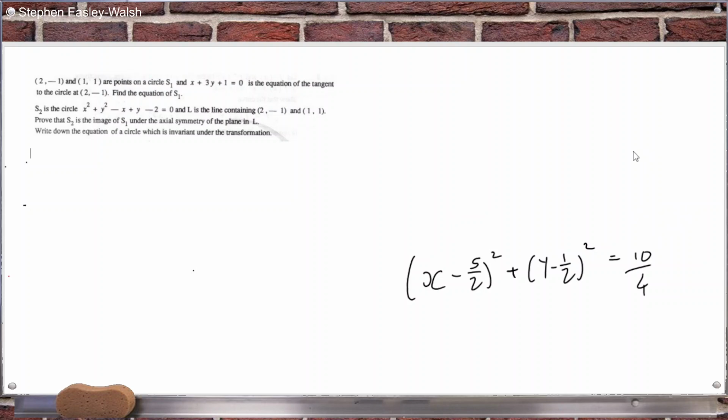Okay, let's just pop that over here. (x - 5/2) squared + (y - 1/2) squared = 10/4.